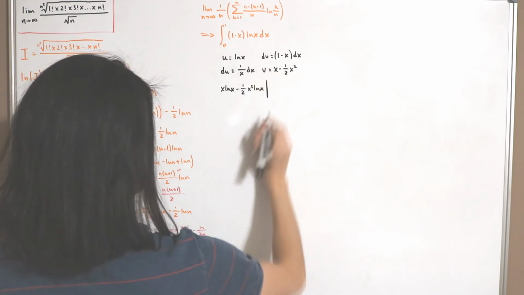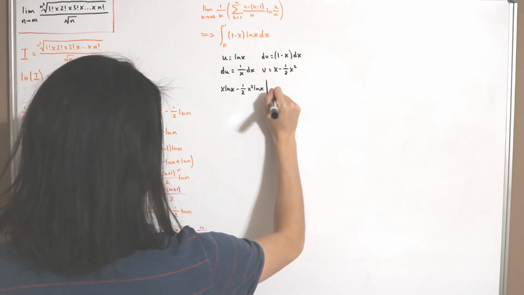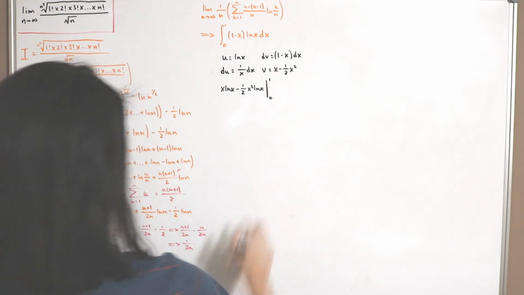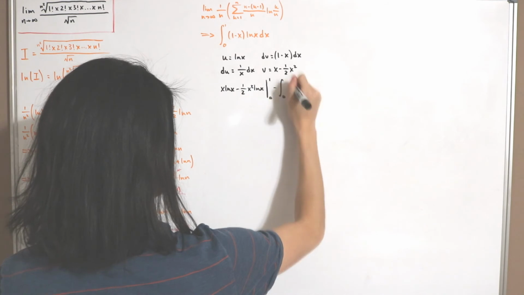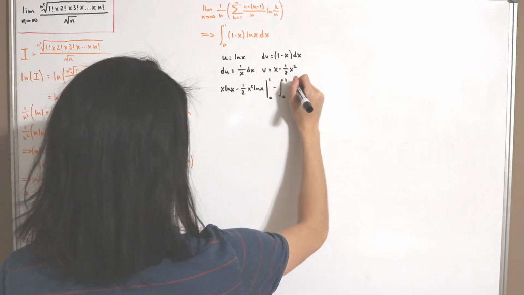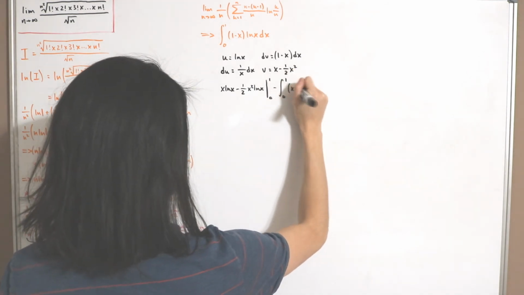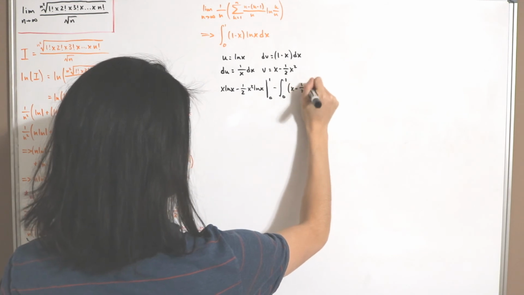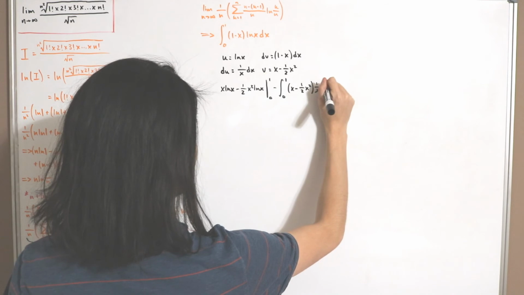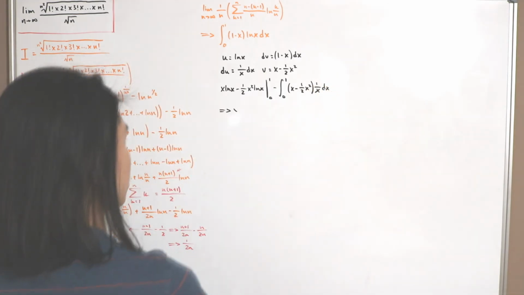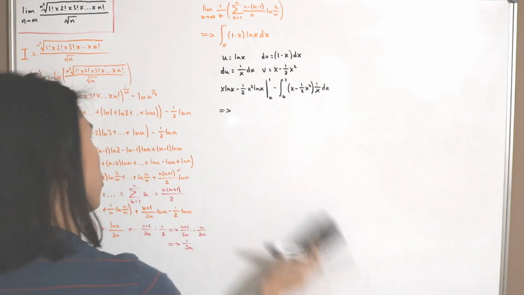Let me write that we evaluate this from 0 to 1. Now we multiply our v du, so subtract the integral from 0 to 1 of (x minus 1/2 x squared) multiplied with 1 over x dx. Let's evaluate this integral first before we continue.